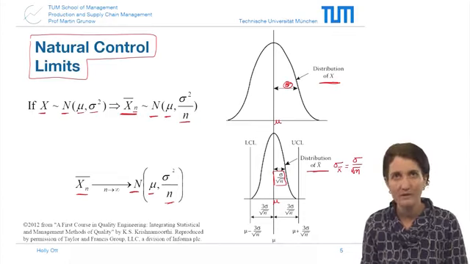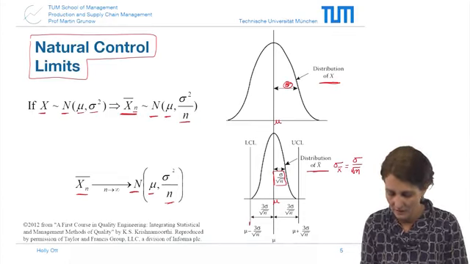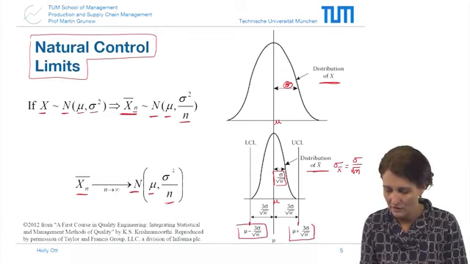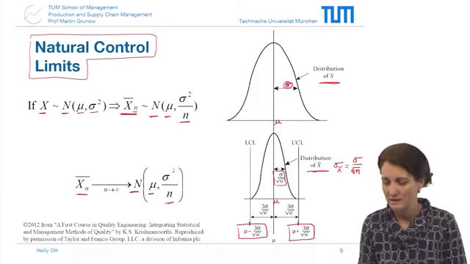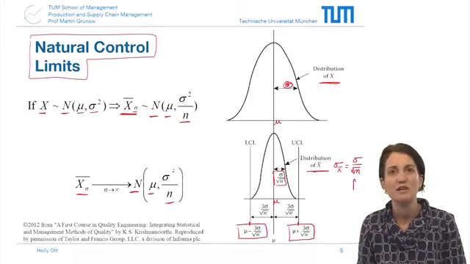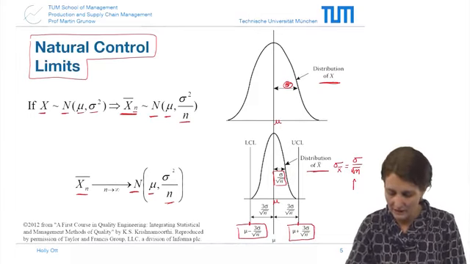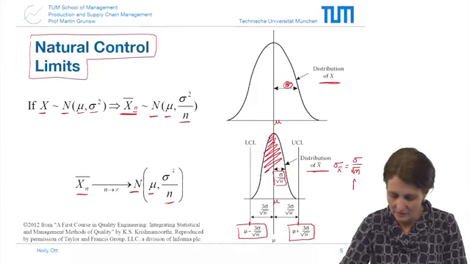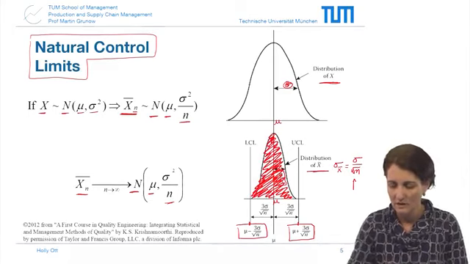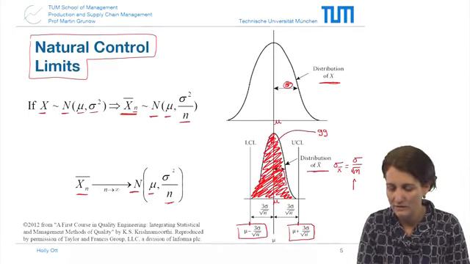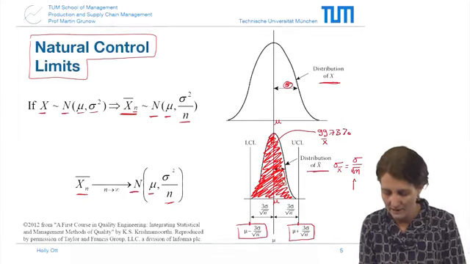And so what we have here, also new in this slide, are 2 limits: the mean plus or minus 3 times the standard deviation of x bar. And we can expect, if I scribble this in here as well as I just did before, that for all of our samples that we take, the sample average x bar, 99.73% of all of our x bar values will lie within these 2 limits.